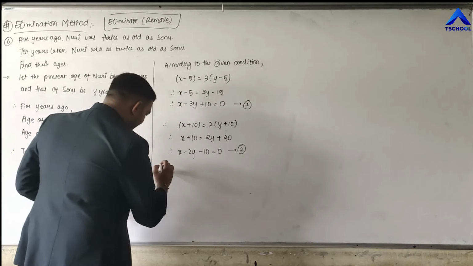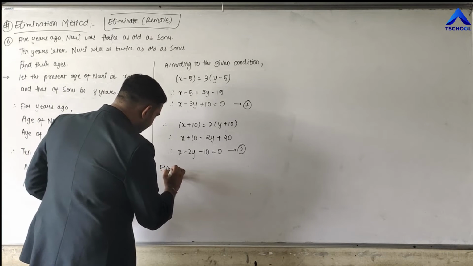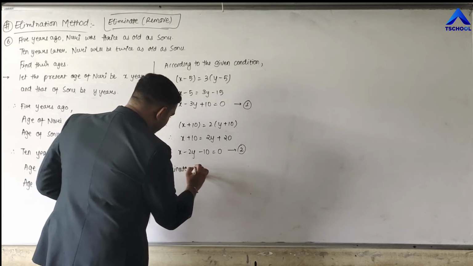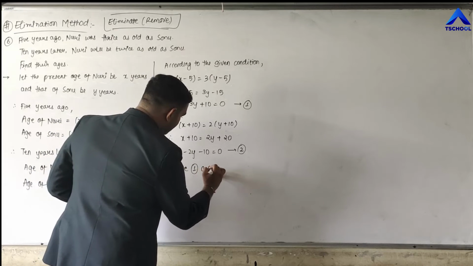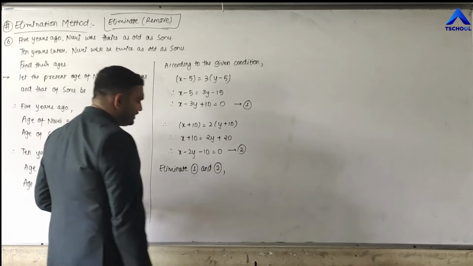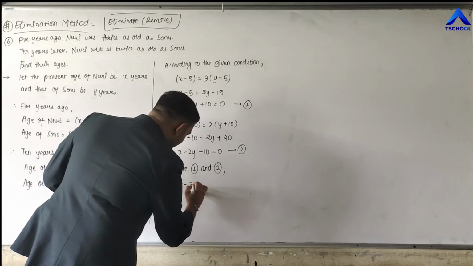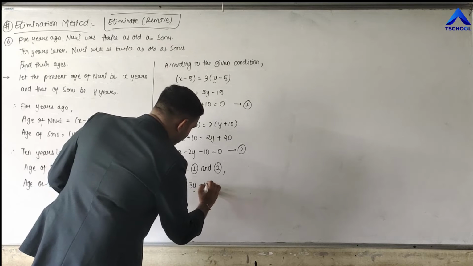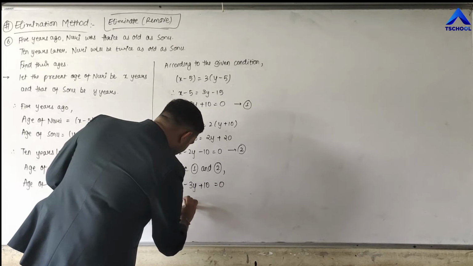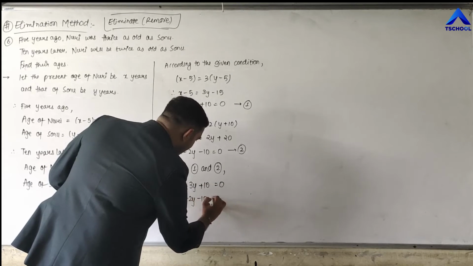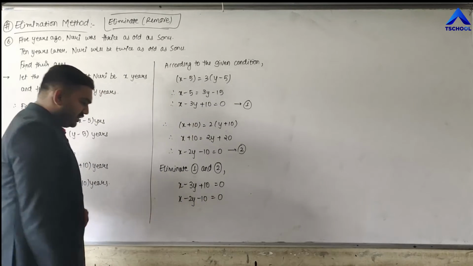So simply eliminate equations 1 and 2. That means eliminating equations 1 and 2, we get x minus 3y plus 10 equal to 0 and x minus 2y minus 10 equal to 0.